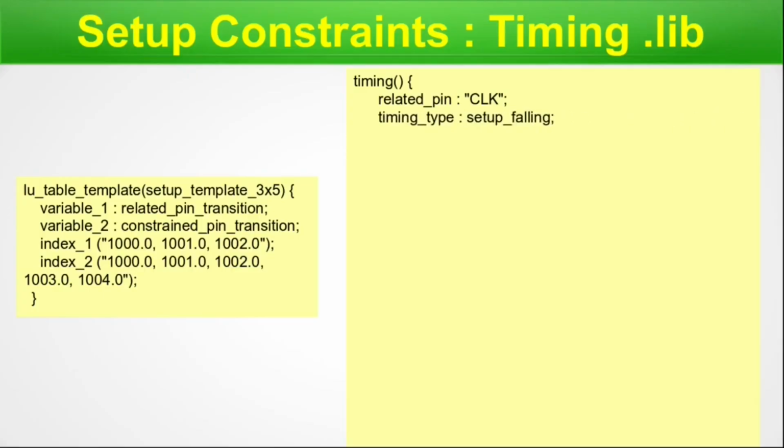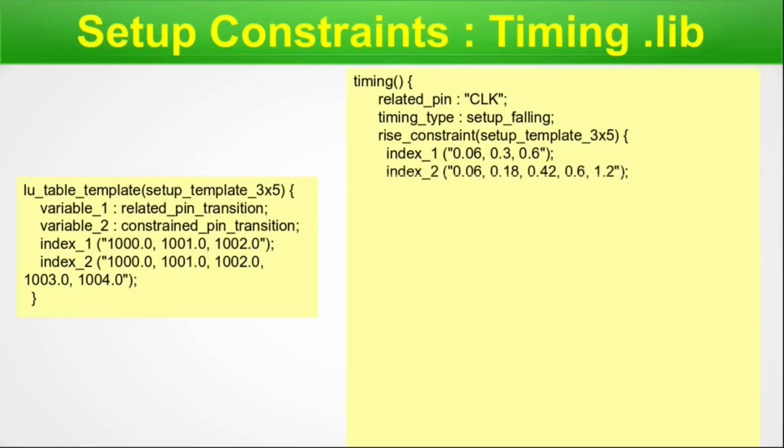Then timing type is setup falling. Rise constraint, setup template 3 by 5. Now you can see the actual lookup table comes here. Here are the index values of the row index, that is index 1 values 0.06, 0.3 and 0.6.